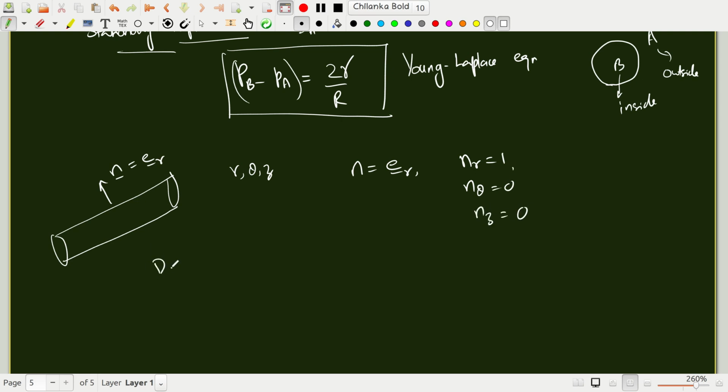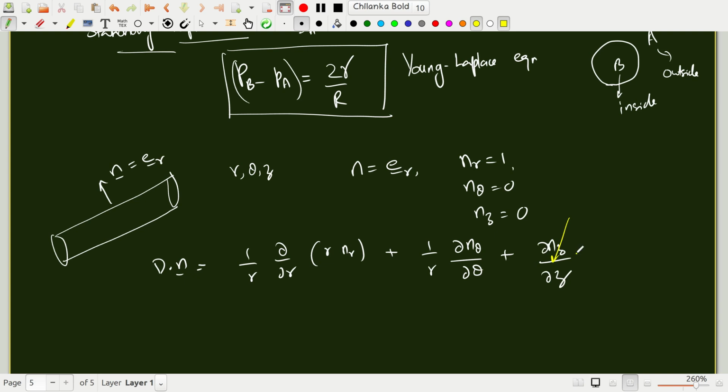So del dot n is equal to 1 by r partial r of r nr plus 1 by r partial n theta partial theta plus, okay, so these are 0.